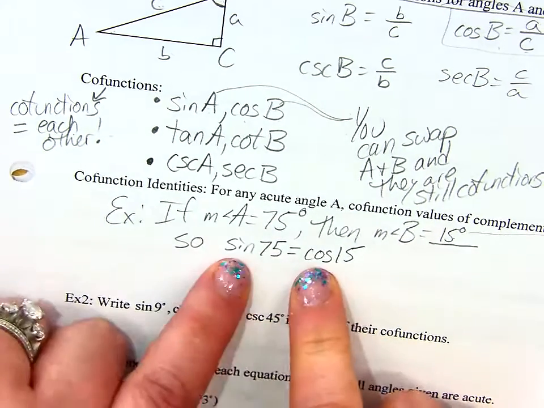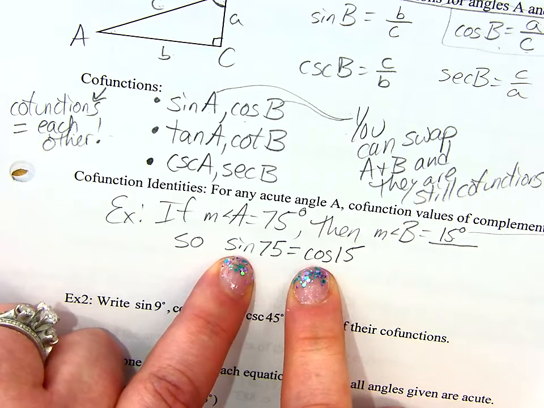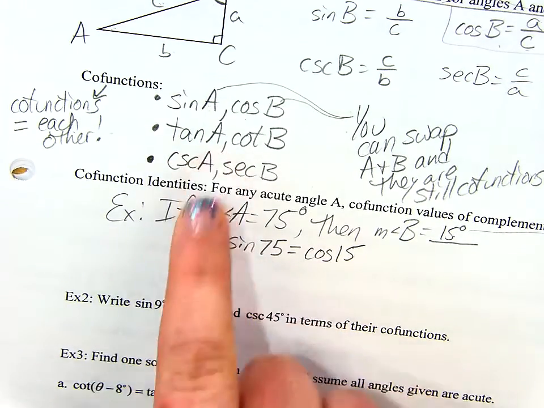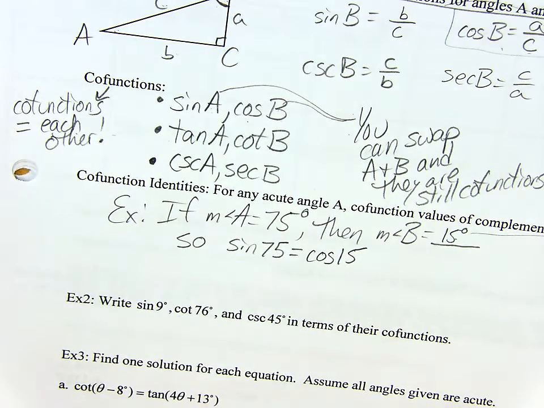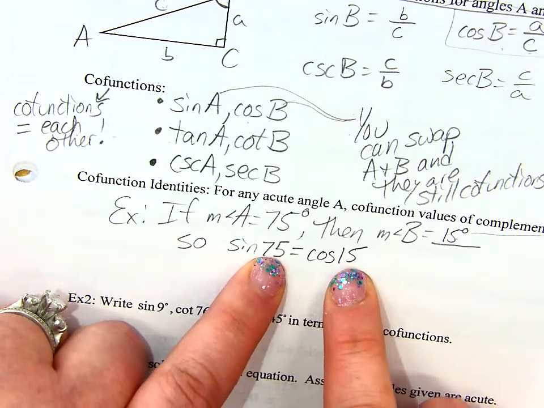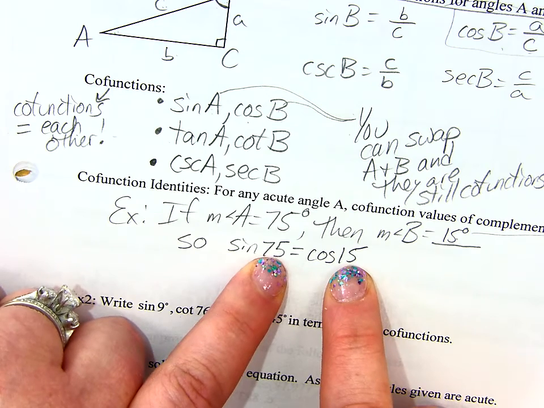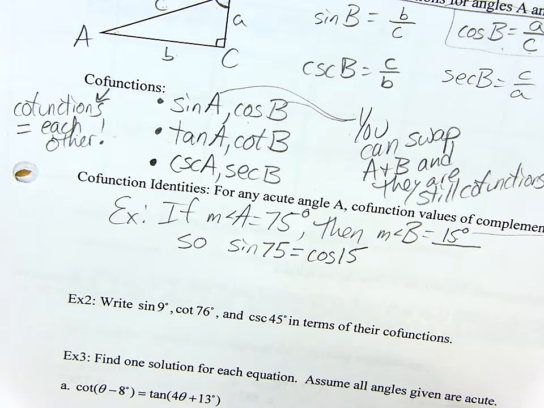So these need to be a cofunction pair. Who are our cofunction pairs? These three: sine, cosine, tangent, cotangent, cosecant, secant. Those are my pairs. These two numbers have to be complementary. Okay? So let's try another one.